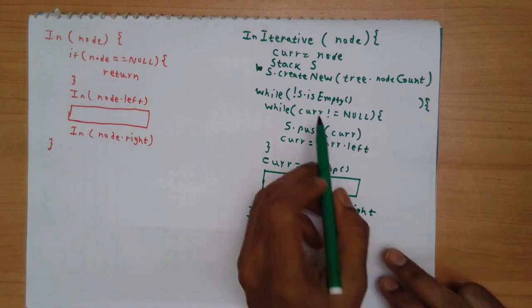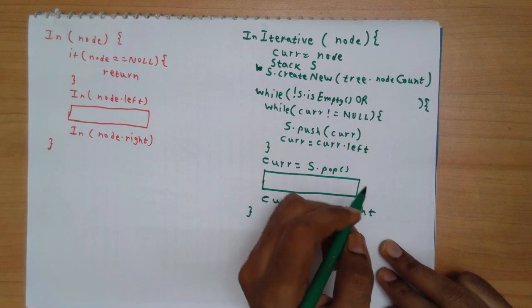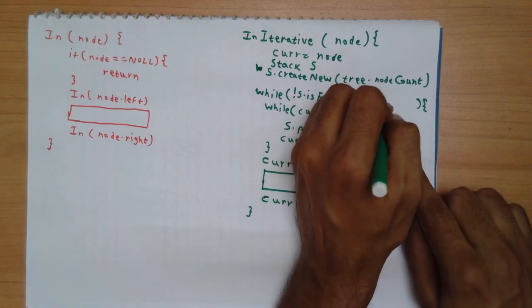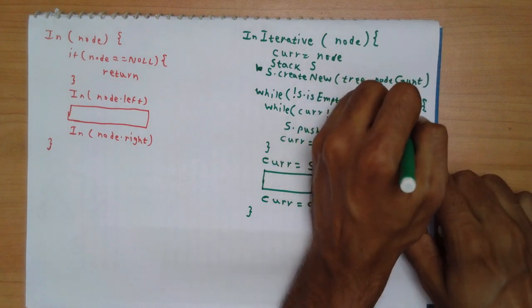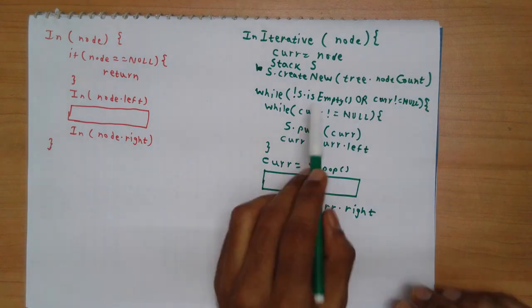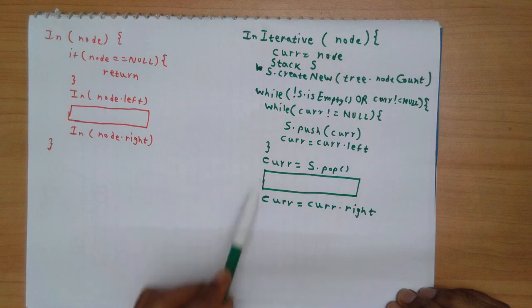So I'll say that while my stack is not empty, or the current node that I am talking about is not equal to null, if any of these two conditions is true, I should enter inside and keep on processing.